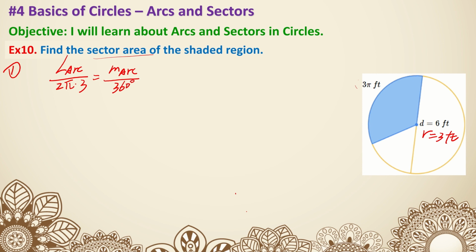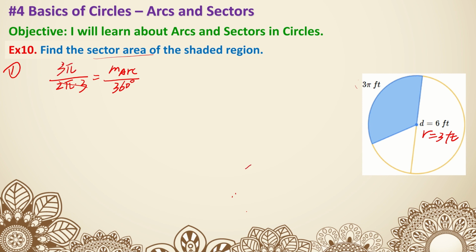I'm going to multiply both sides by 6 pi. But I actually made a mistake, because the arc length we actually know. So we're not multiplying by 6 pi. We actually know the arc length is 3 pi.